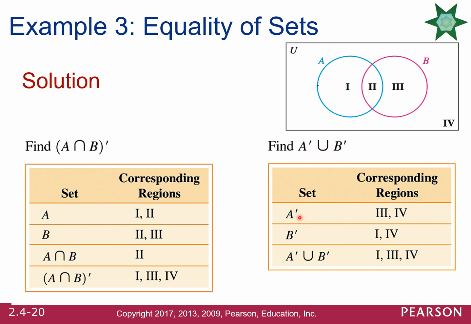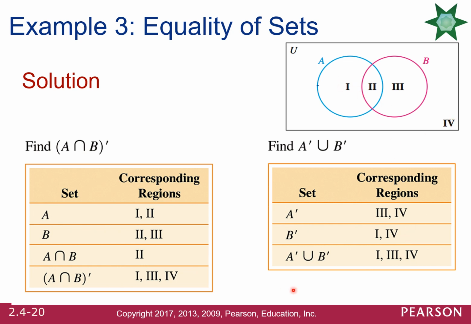So A complement would be all regions that are other than regions that correspond to A, right? If the regions corresponding to A are 1 and 2, then the regions not corresponding to A would be 3 and 4, correct? So they have that 3 and 4. B complement would be 1 and 4, correct?